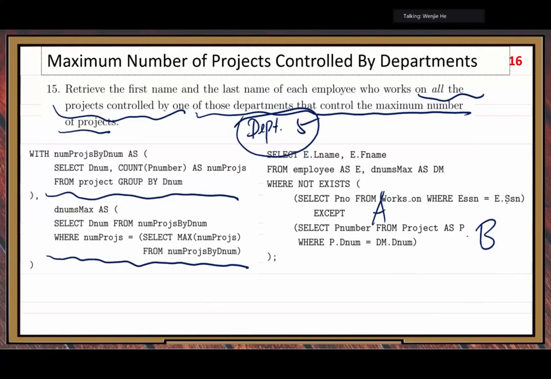Multiple departments, all possibilities, we do the cross product, right? This join, because there is no join condition, is a cross product join. All possibilities.